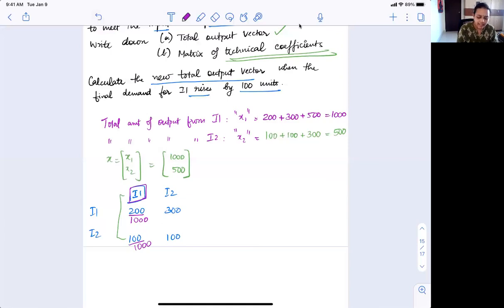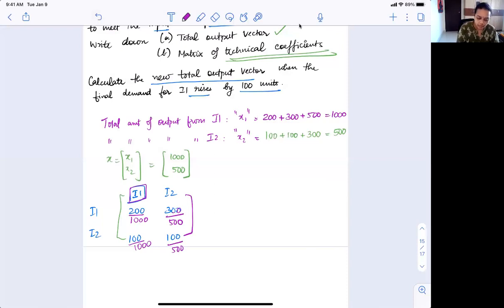Similarly, I need 300 units of I1 for 500 units of X2. Therefore, for 1 unit of output from the second industry, we need 300 by 500. And then this will also be 100. So essentially, your technology matrix looks at per unit input requirement.